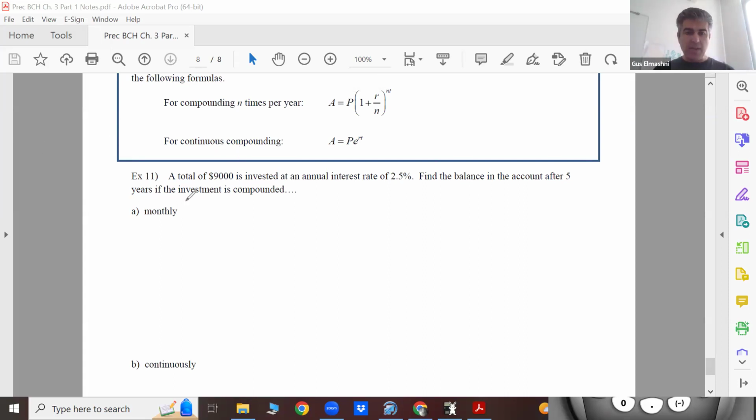regularly. Like, in this case, if we compound monthly, you start at 9,000 bucks, 1 plus 0.025 over 12 raised to the 12 times 5 power.